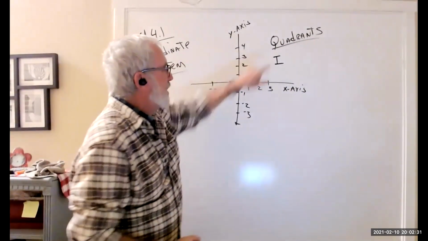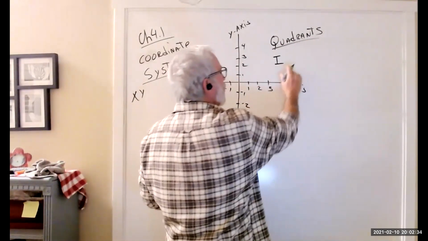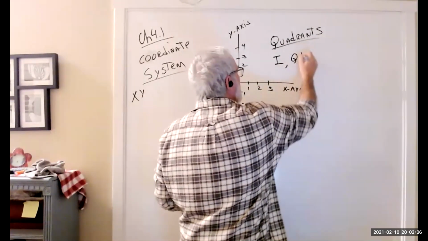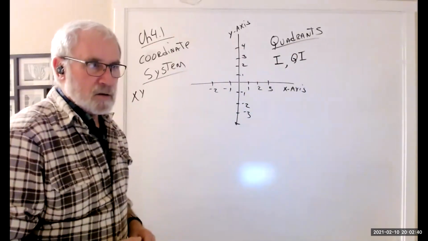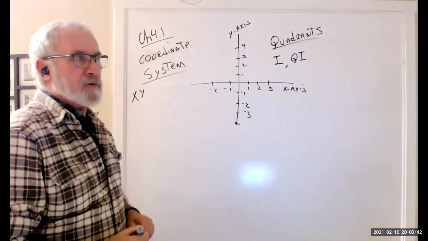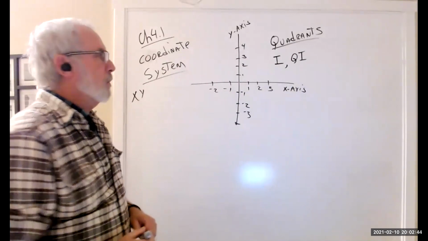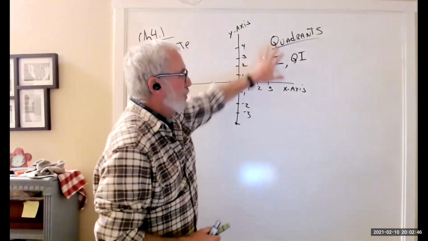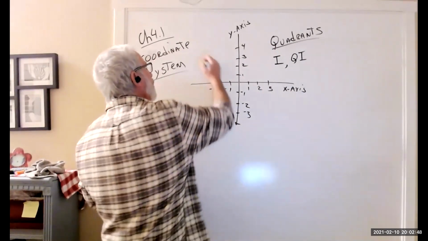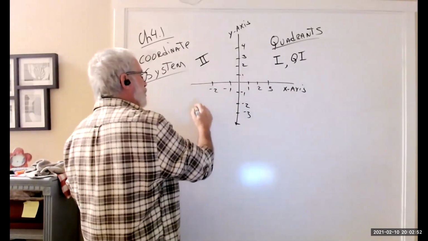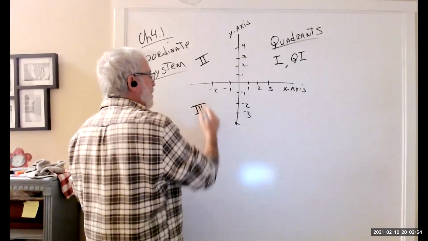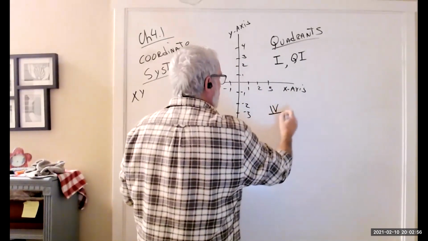Now, some people call this Roman numeral 1. Some people call this Q1. But this is called quadrant 1. This is called quadrant 2 or Q2. This is quadrant 3, and this is quadrant 4.